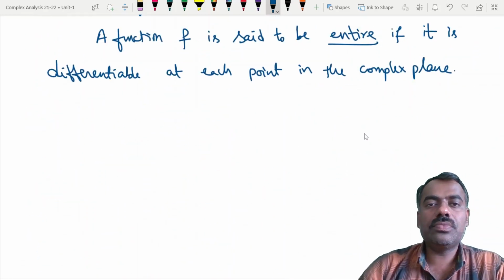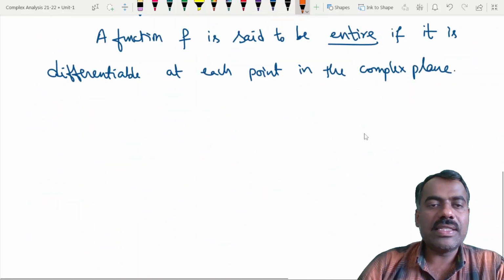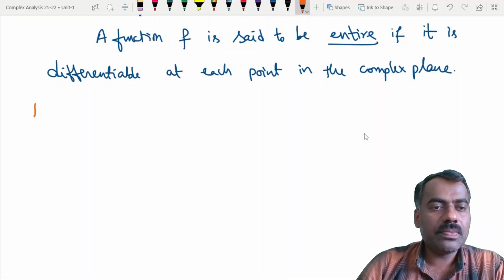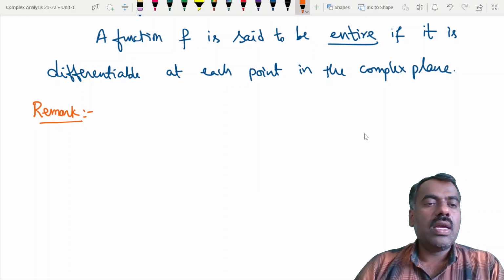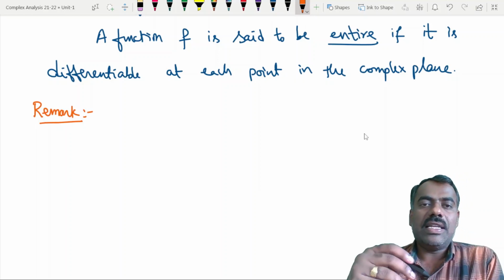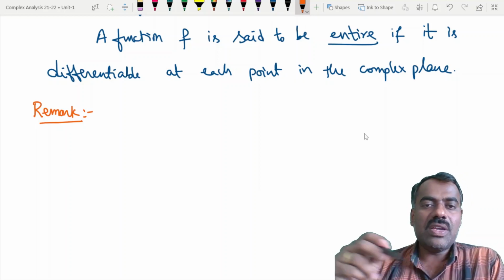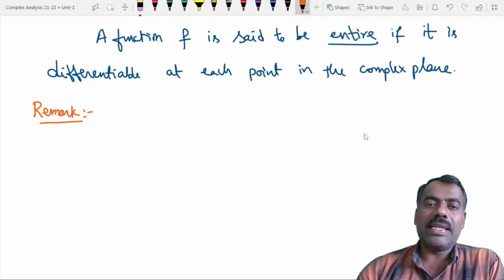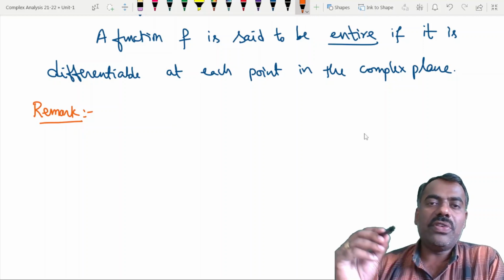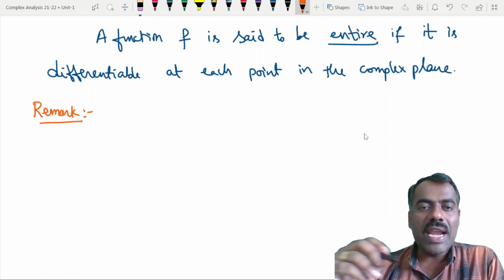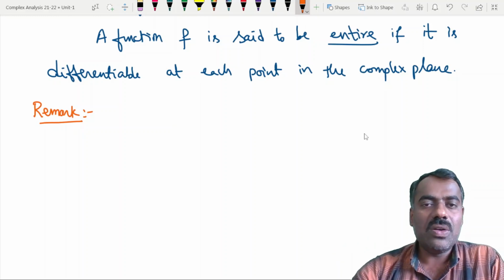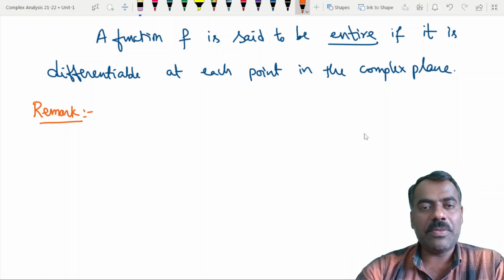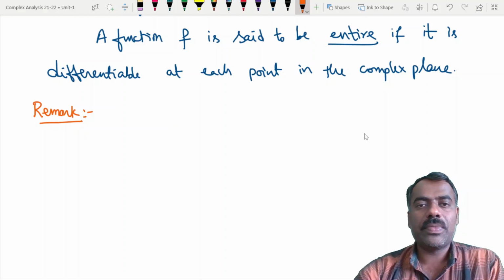That means you can write here as a simple remark: analytic on a domain means it is open and connected, right? So if you take f and g, two analytic functions on a given domain, or even differentiable at a point z naught.